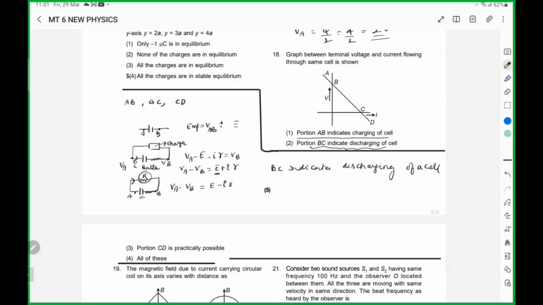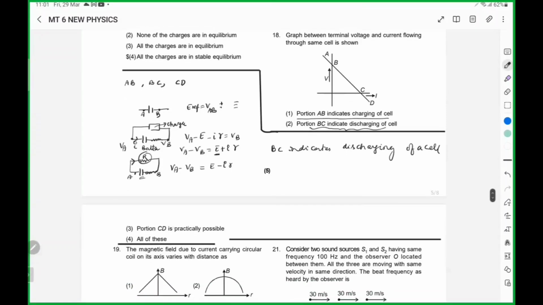In the last case, that is CD. Here CD means: can the potential difference be less than the EMF? So VA minus VB must be negative.